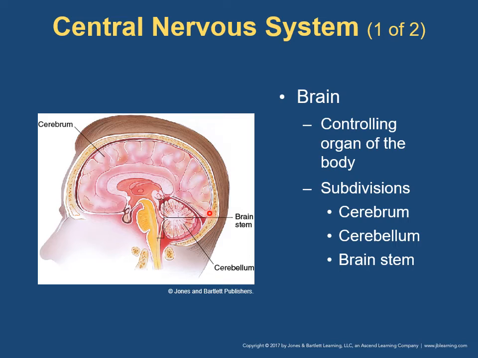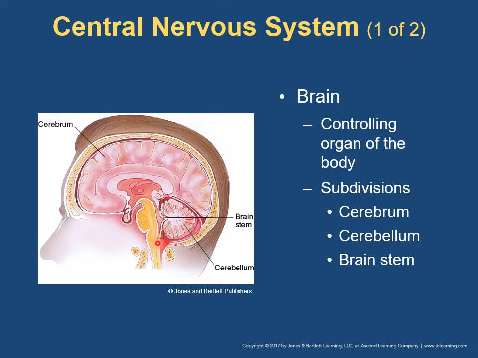So these control the activities on the opposite side of the body. So if you have an injury on the left side of the brain, it affects the right side of the body. The right side of the brain affects the left side of the body. The cerebellum, which is this area here, coordinates body movements.